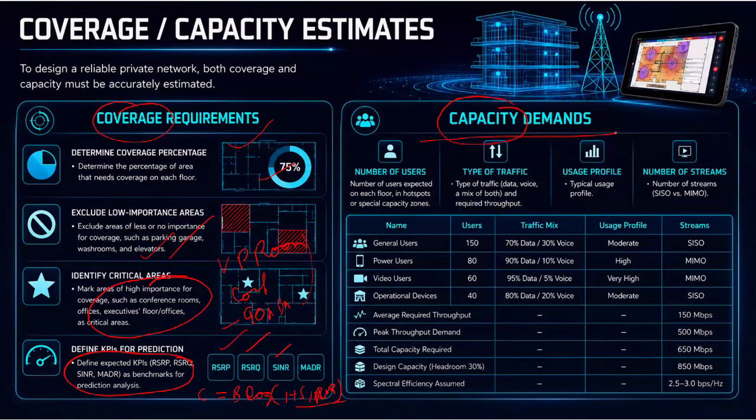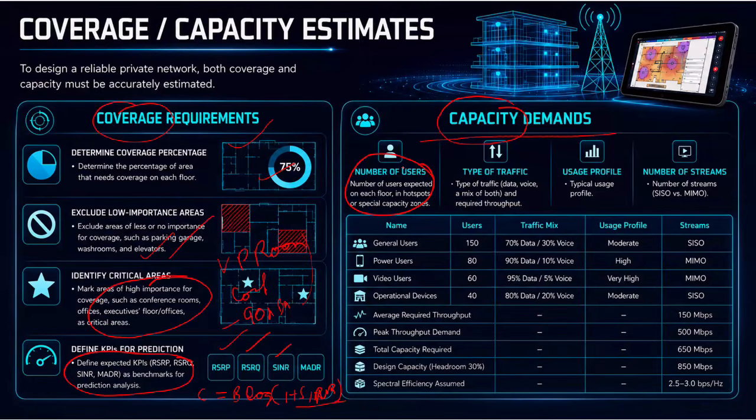So here, first we need to understand the number of users and the number of devices. We have to understand how many users are expected on each floor, how many devices will be connected, and whether they are evenly distributed across the building or there are some specific hotspots where many devices will be concentrated.